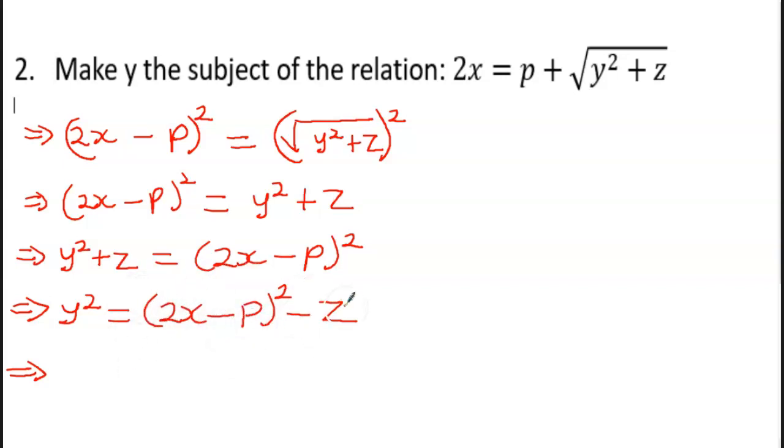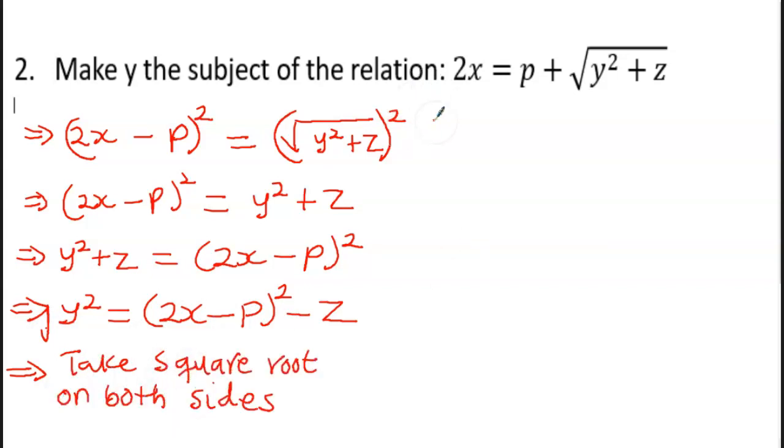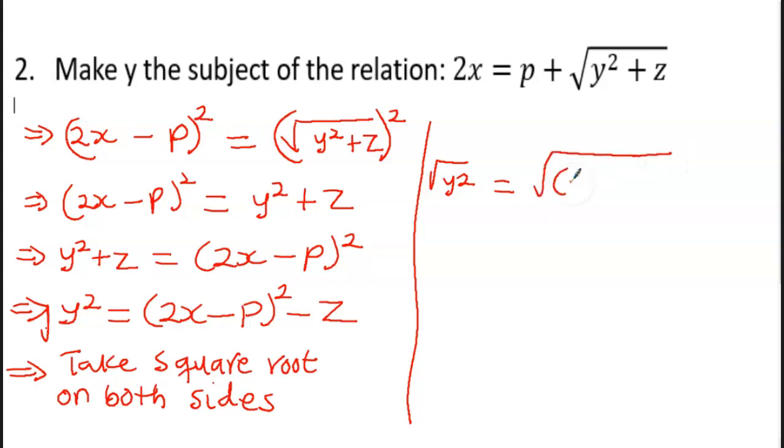You put the whole expression under the equal sign. So we take the square root on both sides. Square root of y squared becomes the square root of the whole expression, 2x minus p all squared minus z.